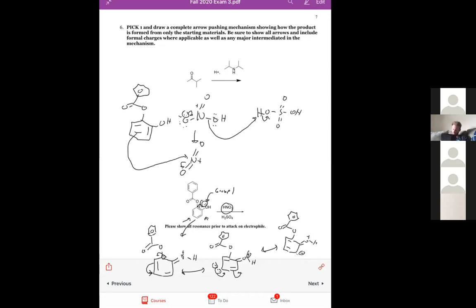We're going to lose our aromaticity. Our HSO4 minus can grab this proton, re-aromatizing to give us our final product, which should look like this here.